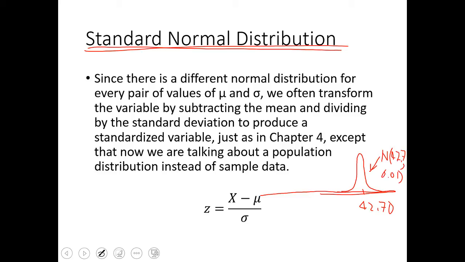So that has very high thickness. And if you move this random variable to 0, so then it is x. Then we change this x to here, then we obtain x minus mu. So mu is 42.70.